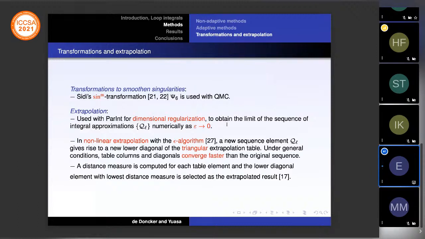We use transformations called the sin M transformation by CD to smoothen singularities in the integrand function. Extrapolation is used to calculate limits numerically as epsilon goes to 0, and we use nonlinear extrapolation by the epsilon algorithm.